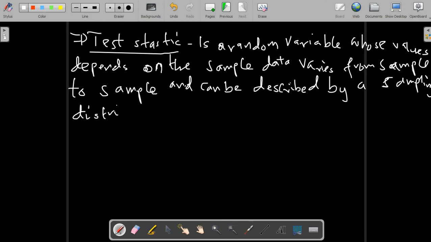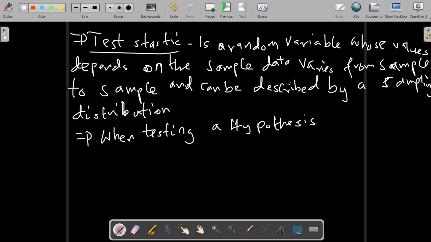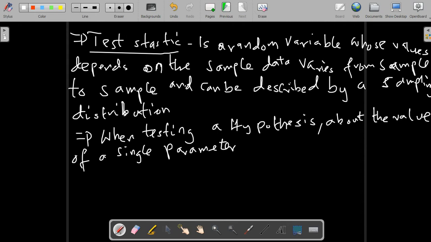When testing a hypothesis about the value of a single parameter in the simple classical linear regression model, the appropriate test is the t-test. So the t-test is one among the appropriate methods that we may apply when testing a hypothesis in connection to a simple classical linear regression model.